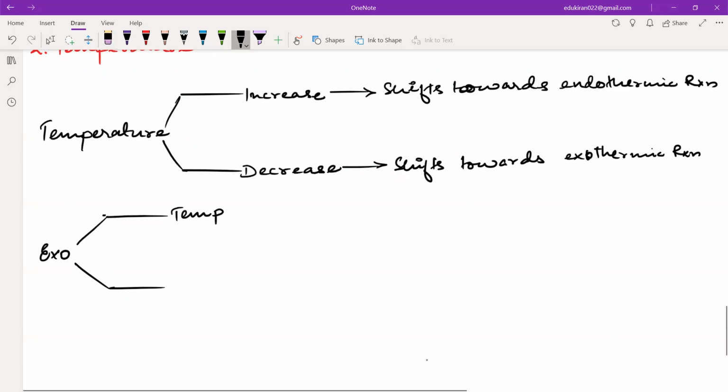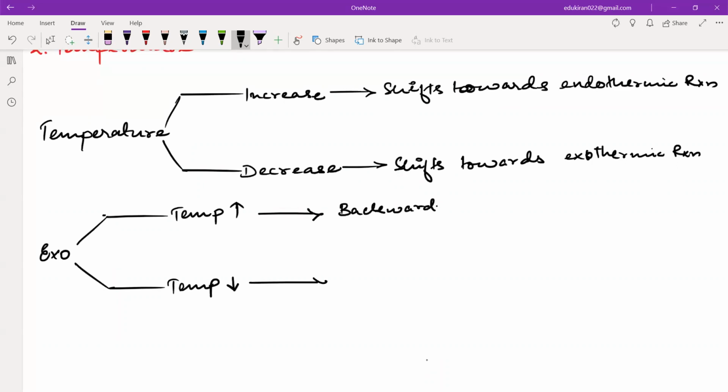If I increase the temperature, then it is going to move in the backward direction. And if I decrease the temperature, it is going to move forward.